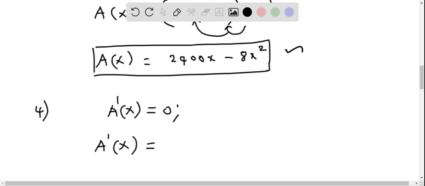If I have to take the derivative of this function, I have to differentiate the right side as well. Differentiation of 2400x is 2400. Differentiation of x is 1. Minus 8x squared differentiation is 8 times 2x, which is 16x. So I can write this as 16x.